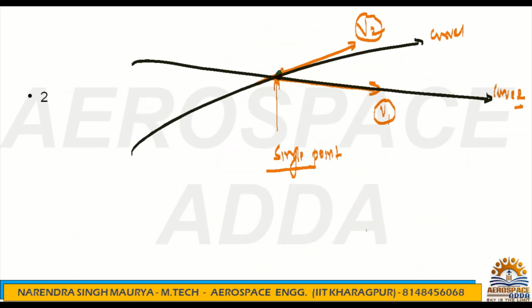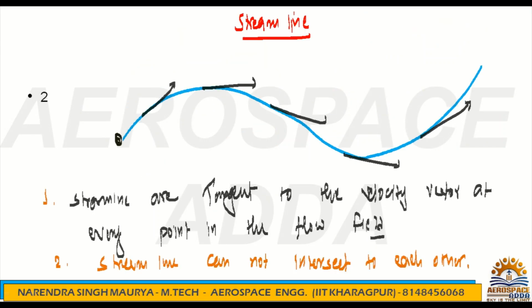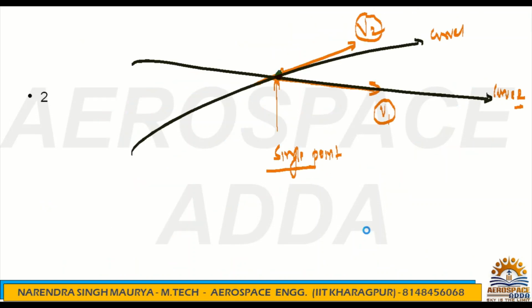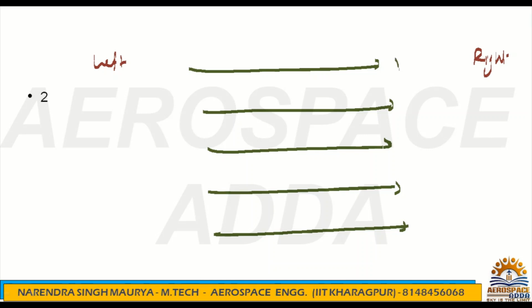Streamline is basically a direction of the flow. Clearly I have mentioned, it is the velocity vector. If we have a horizontal velocity, the velocity vector in this direction means the flow field is in this direction. So both ways we can say the flow is from left to right.